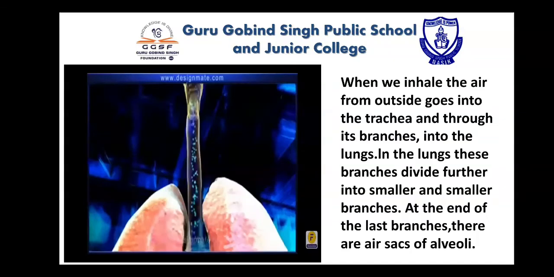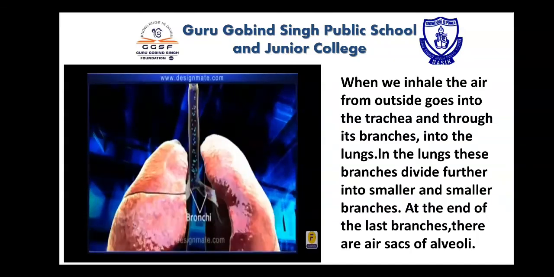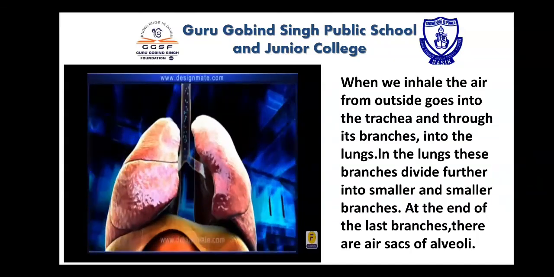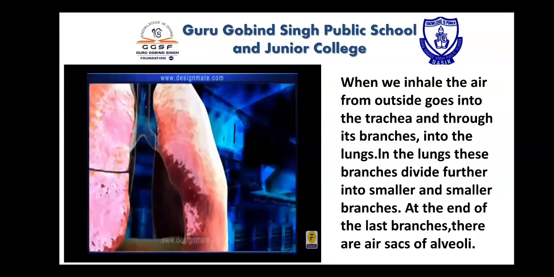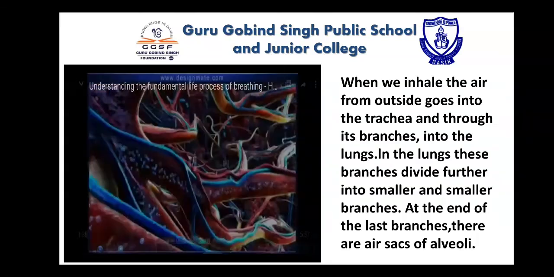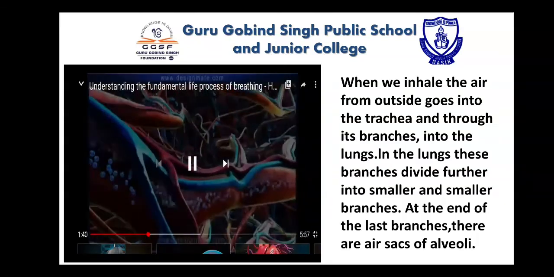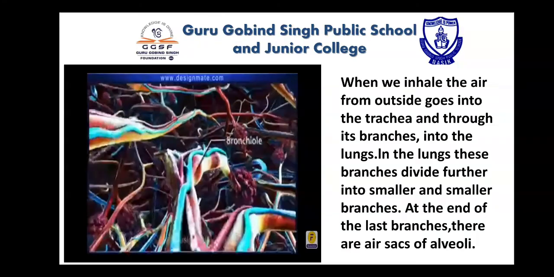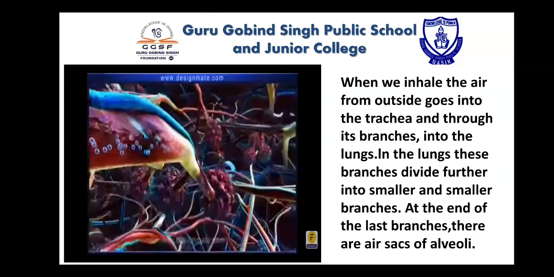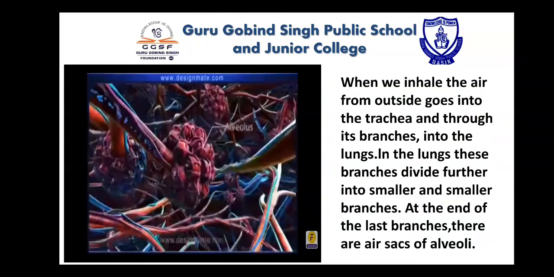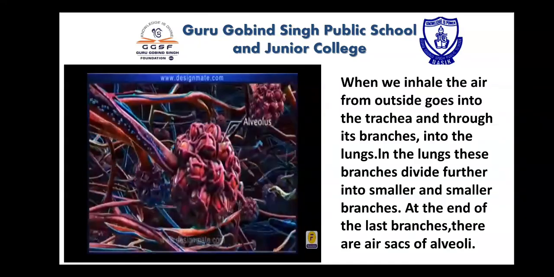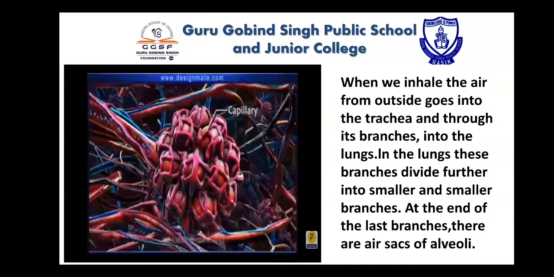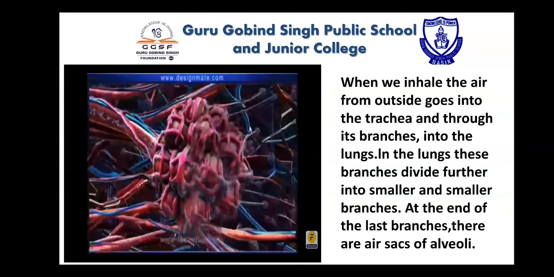Then it goes into the lungs. In the lungs, these branches divide further into smaller and smaller branches. They are called bronchi. At the end of the last branches, there are air sacs called alveoli. Alveoli means air sacs.